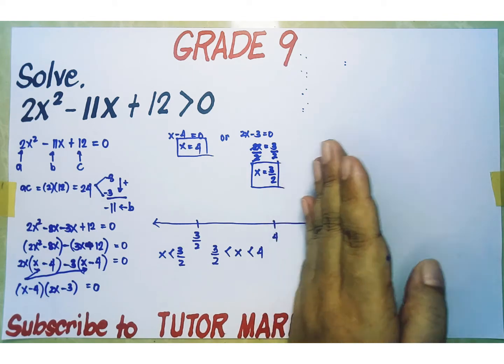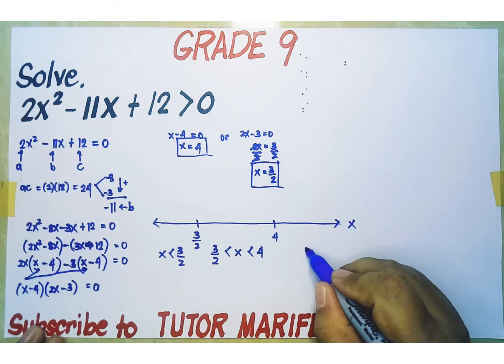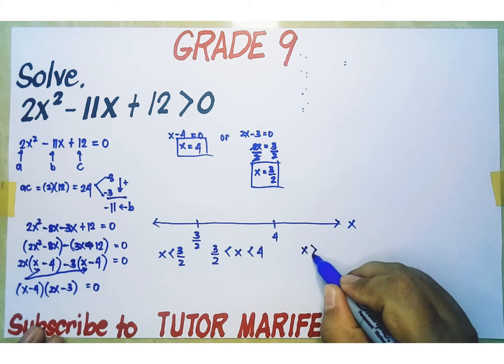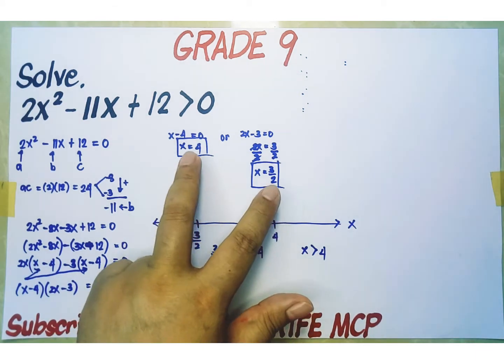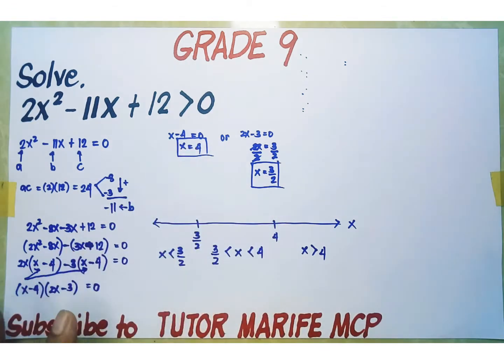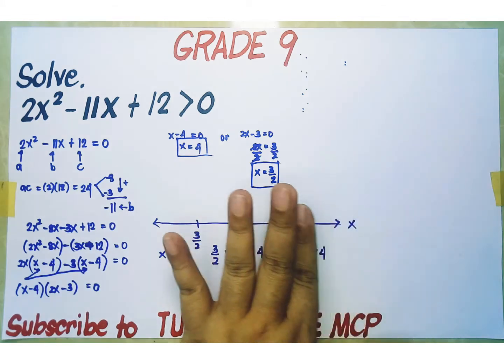And all the numbers to the right of 4 is to be represented by the interval x greater than 4. Okay? So, these 2 boundary points created 3 different intervals.